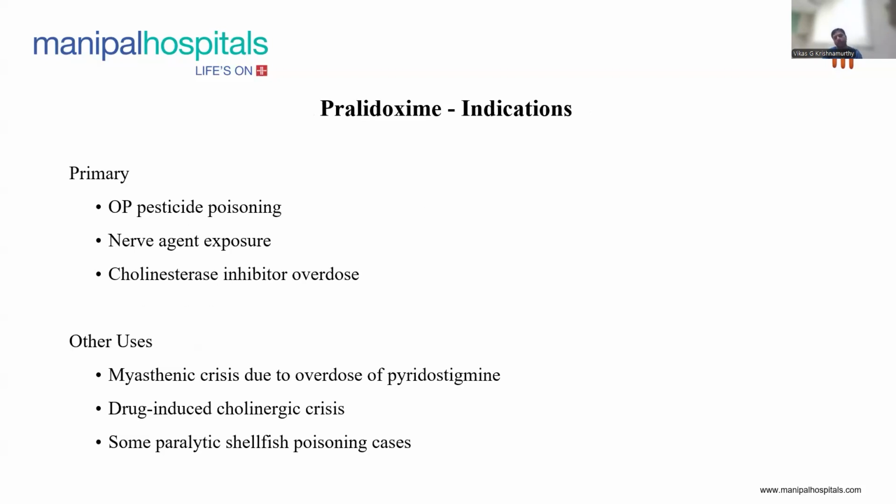Indications for pralidoxime are OP poisoning, nerve agent exposures, and cholinesterase inhibitor overdose. Other uses are myasthenic crisis due to overdose of pyridostigmine, drug-induced cholinergic crisis, and some paralytic shellfish poisoning cases.